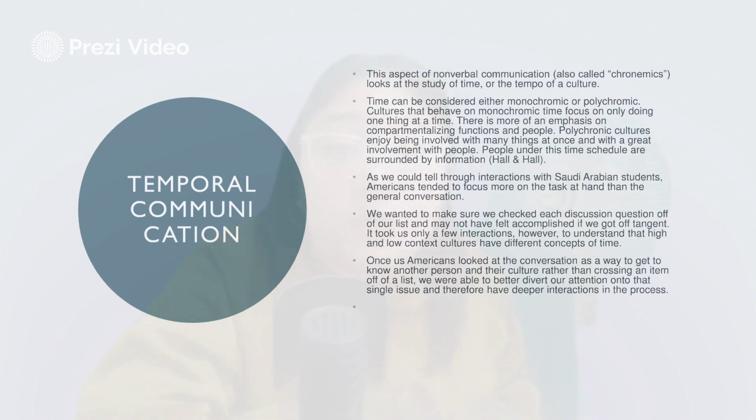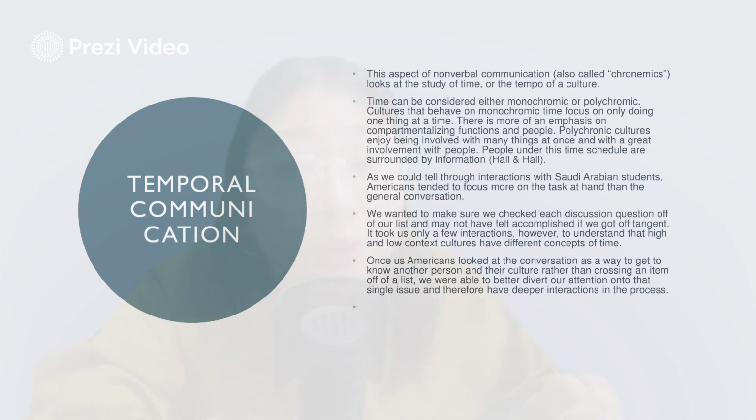Okay, so time can be considered either monochronic or polychronic. Cultures that behave on monochronic time focus on only doing one thing at a time. Mono, one. There is more of an emphasis on compartmentalizing function and people.